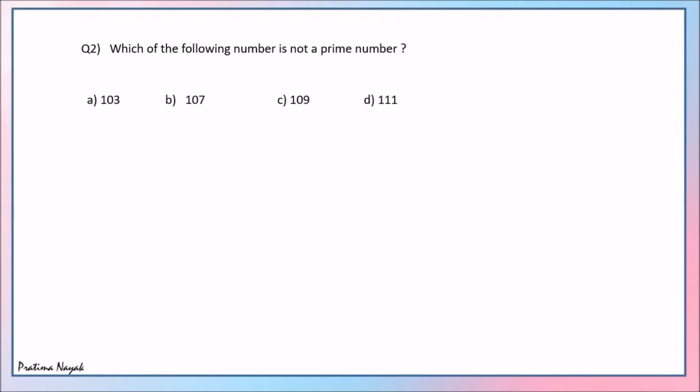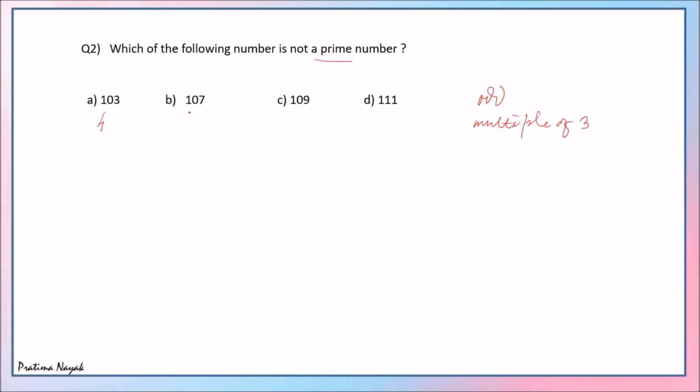Now, which of the following numbers is not a prime number? Same concept. These are odd numbers, so first you will check whether it is a multiple of 3 or not, by checking whether the sum of the digits is divisible by 3. For 103, the sum is 4, so it is not divisible by 3. Let us check all the numbers, because the question is which is not a prime number.